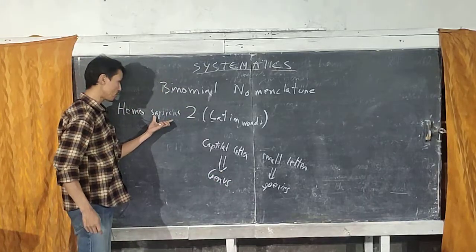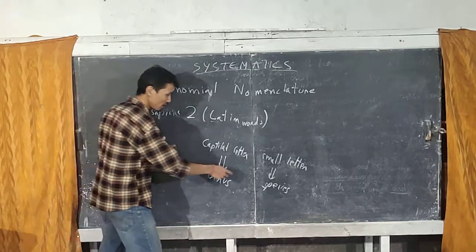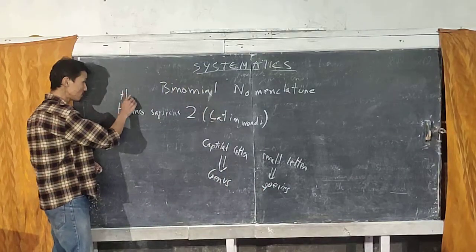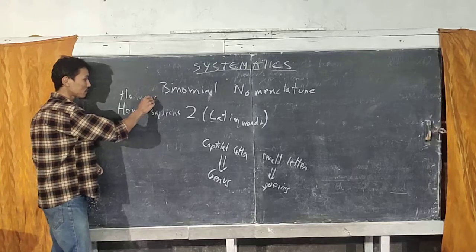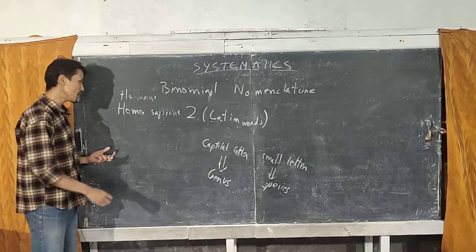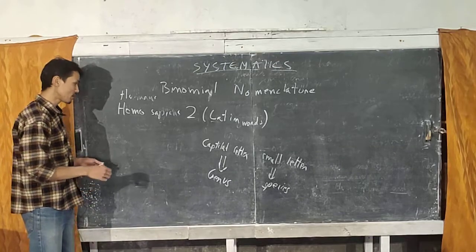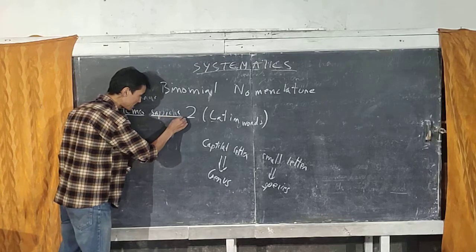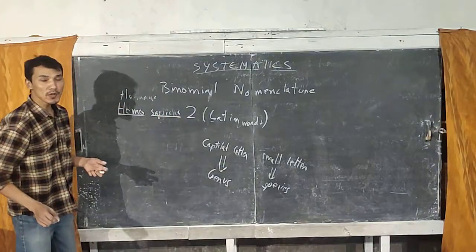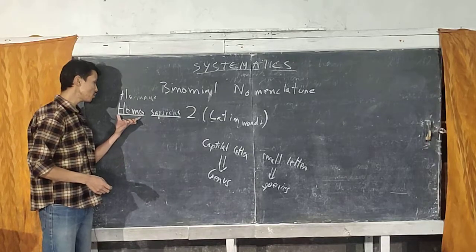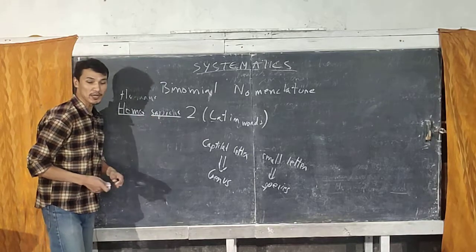Sapiens is the second Latin word starting with a small letter, and it belongs to species. This is the scientific name for human beings. It is generally written in italics, or since we are writing, we underline it. When you are underlining, the underline should not be continuous. Each word should be underlined separately.